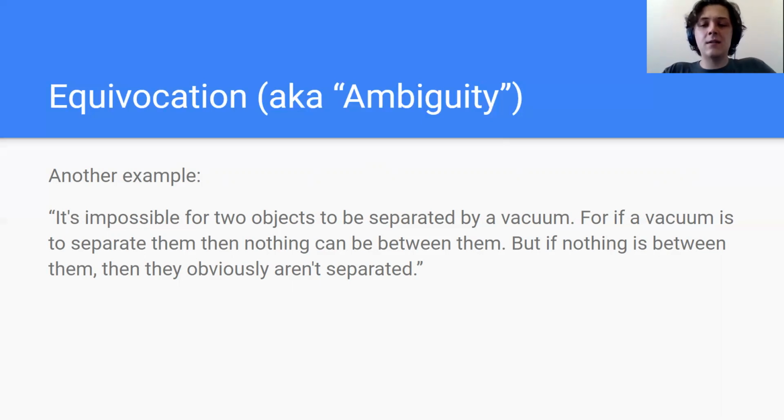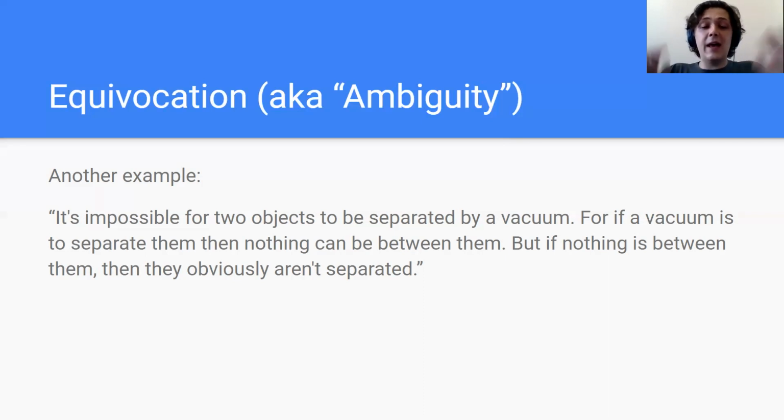And the argument is, well, look, if a vacuum is to separate them, then nothing can be between them, because if there was something between them, like air or water between them, then there wouldn't be a vacuum. Instead of a vacuum, you'd have air or water. Right?